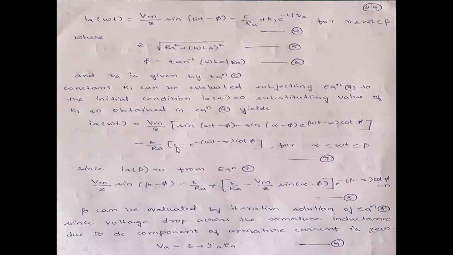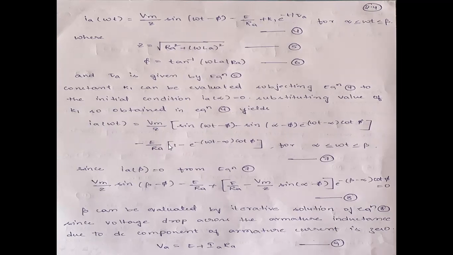Here I am substituting only in the first expression, Vm by Z, multiplying it into the terms and taking E by RA common. In place of E by RA, I can write Vm by Z. So IA of beta becomes Vm by Z sine(alpha minus beta).